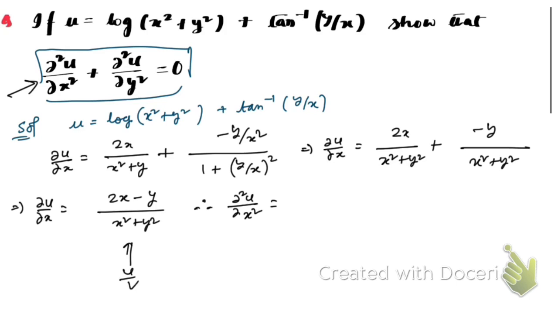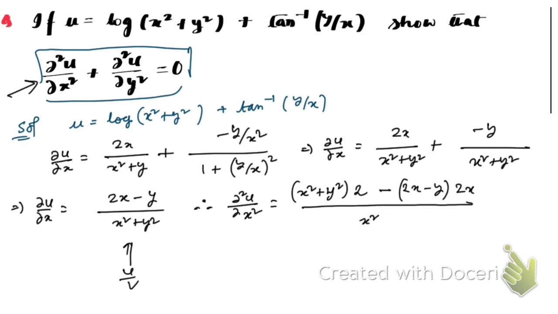The denominator, x square plus y square, times the derivative of the numerator d/dx of 2x minus y, that's going to be 2 only, because the derivative of x is 1 and the derivative of y is 0, because when you differentiate with respect to x, y should be taken as a constant, right? Minus the numerator, twice x minus y, times the derivative of the denominator, that's going to be twice x, and the derivative of y is 0 with respect to x, right? When you differentiate partially, all over x square plus y square whole square, the denominator squared. That's what we have got.